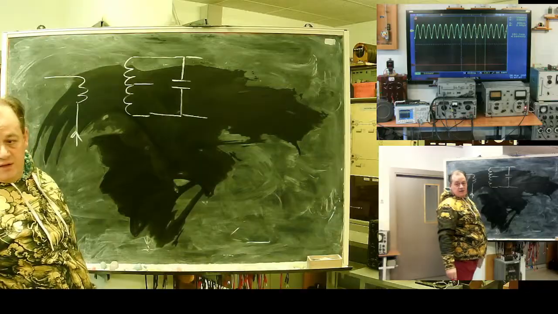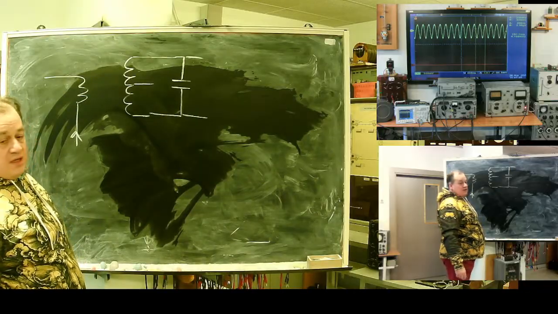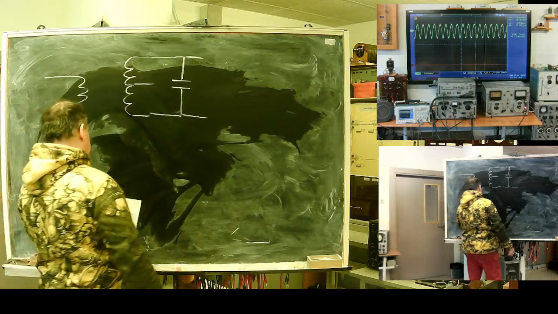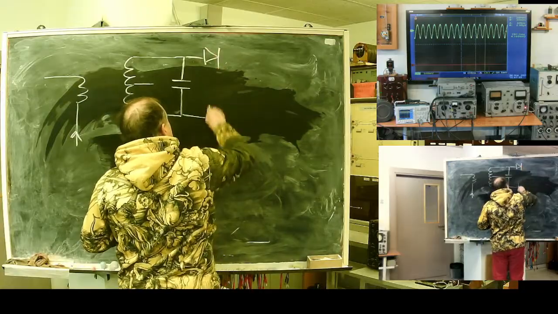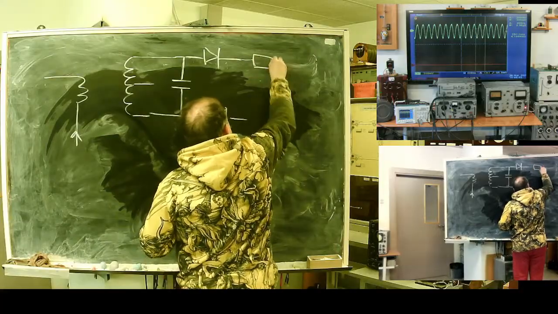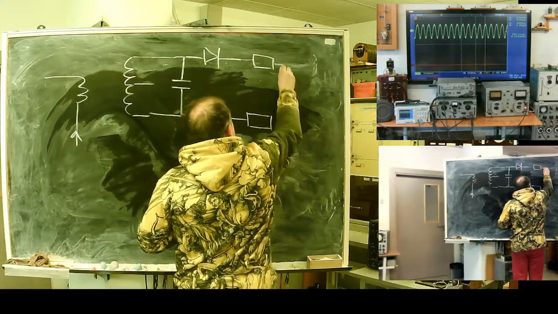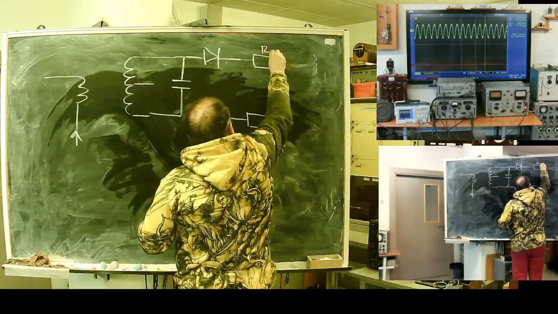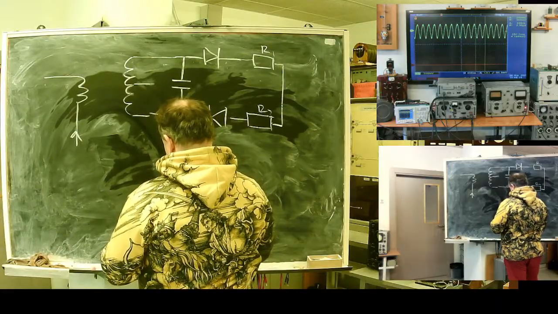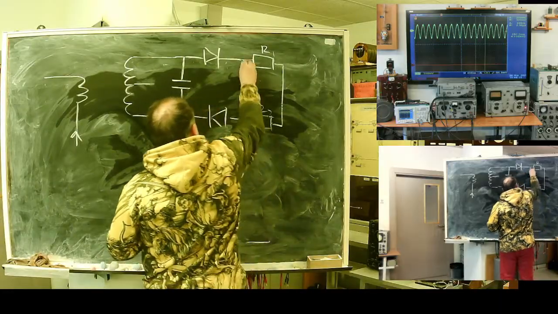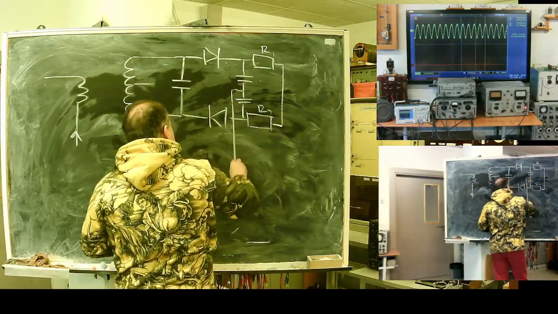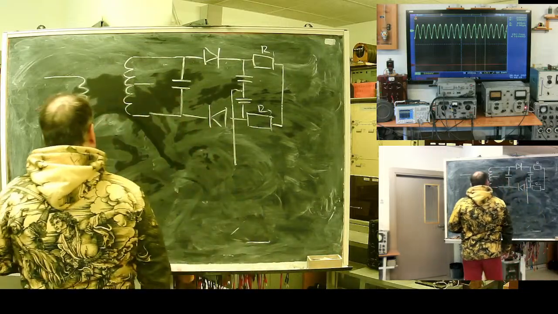Resonance contour set to frequency omega 0, or the intermediate frequency of your receiver. One F2, load resistance. A pair of capacitors, output voltage.